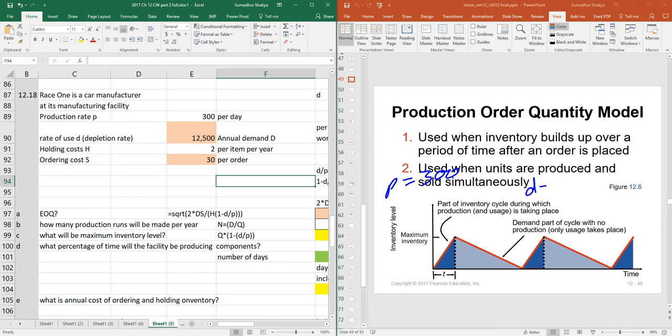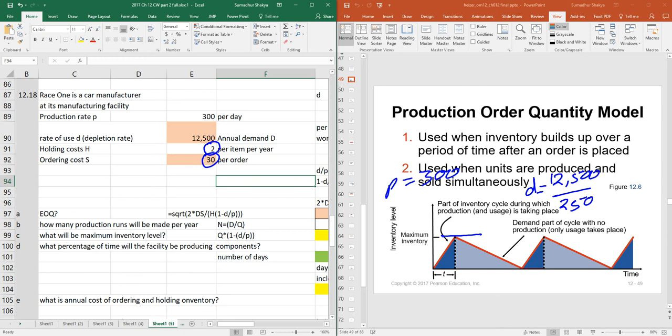Depletion is happening at the rate of 12,500 divided by 250. This is the depletion rate, or the consumption. Holding cost is given to us as $2. Ordering cost is given as $30. And now the question is, what is the maximum inventory level reached?